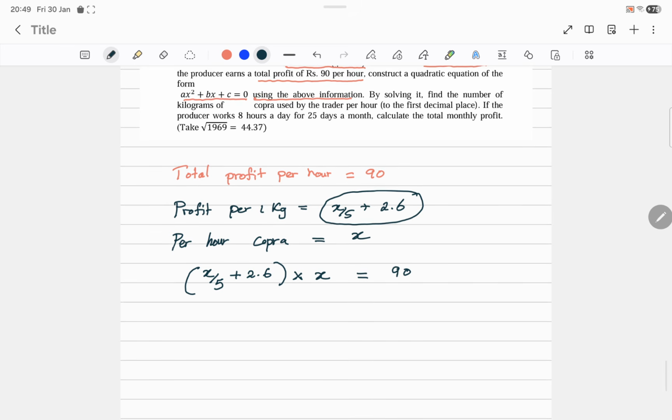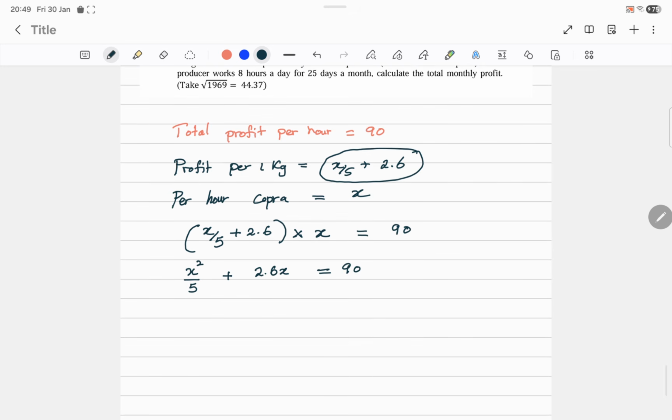Right. So now just simplify. First distribute the x, so you get x squared over 5 plus 2.6x equal to 90. Now just multiply by 5. x squared, 2.6 into 5 is 13, no? 13x equal to 450.